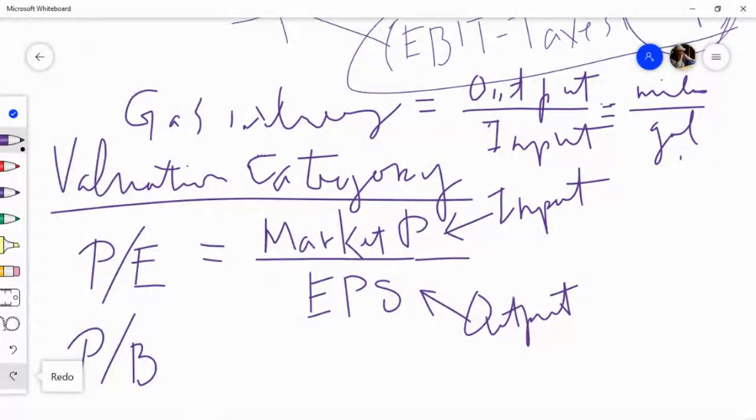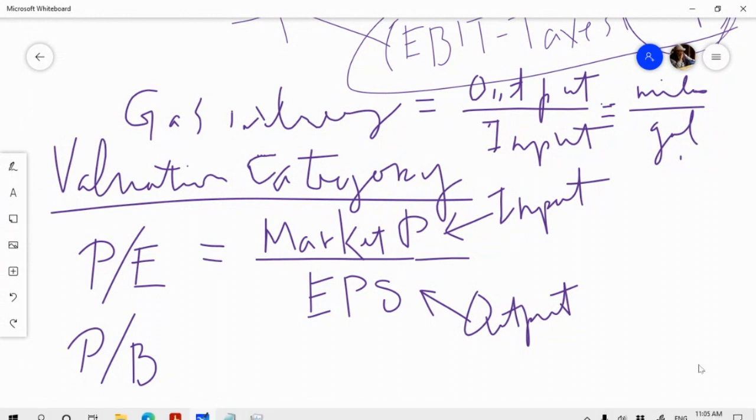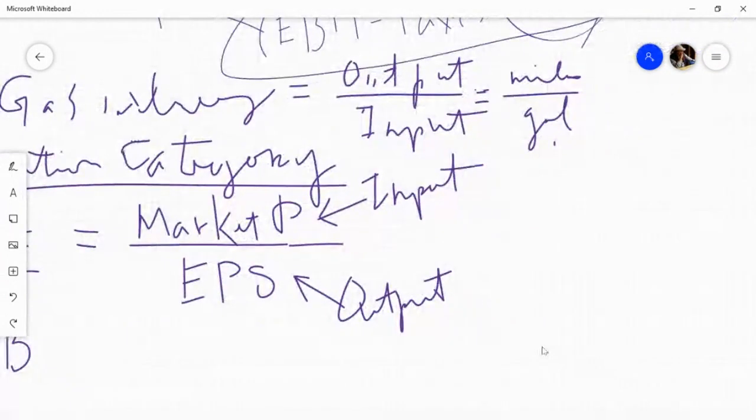Earnings per share is the profit per share, right? And that's what you get when you own the stock. And market price is what you paid, right? So that's your input, and earnings per share is the output. So it will be more intuitive if it is the reciprocal.